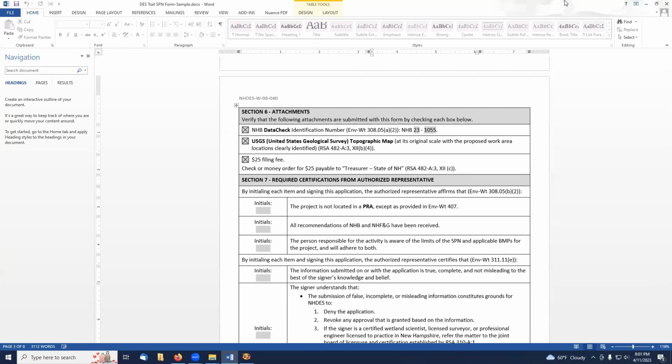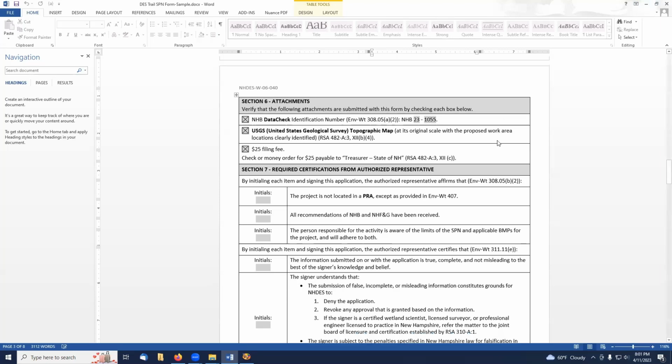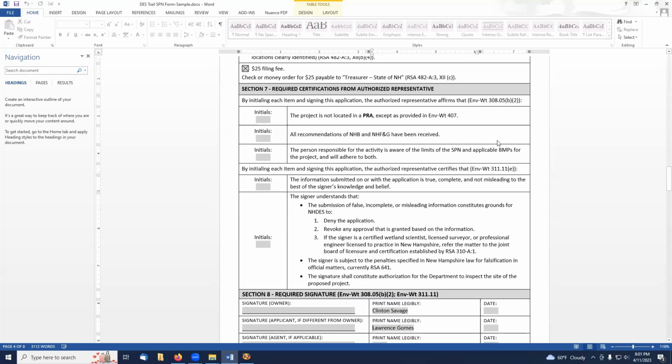Larry, yep, go ahead. If you do a separate NHB for each landowner, is it $25 per application or is it for the project? So if you're going to do a separate NHB report, then you're going to have to file a separate DES report for each landowner. So yes, it would be $25 per landowner.